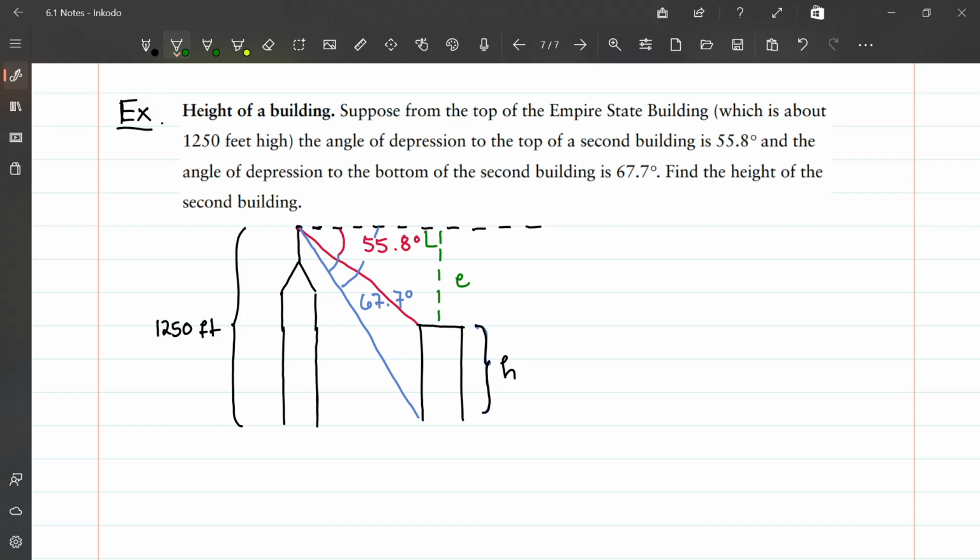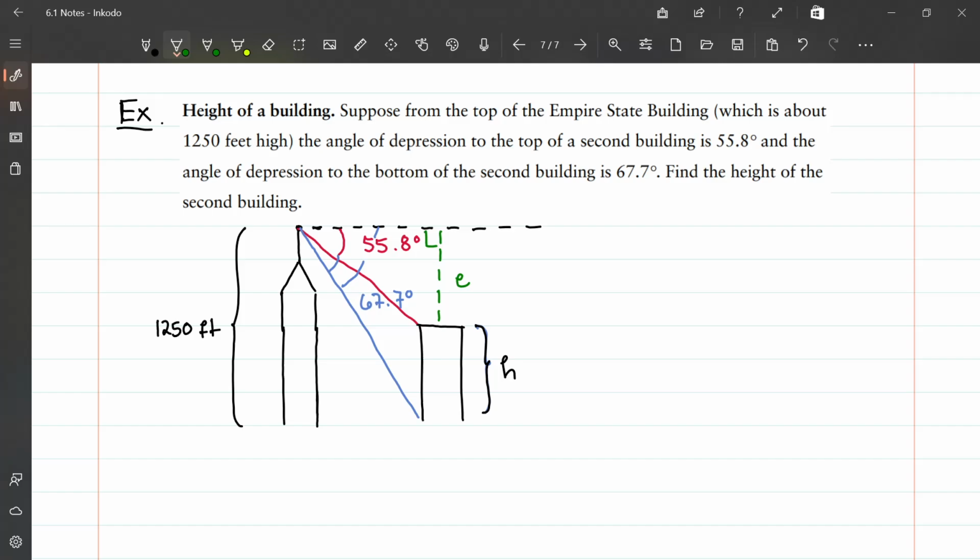I think if I can use this information to say, hey, E plus H is equal to 1,250, I can then use the angles I was given to get some other value. So the question is, what value could I get that would be important here? Well, I don't know.